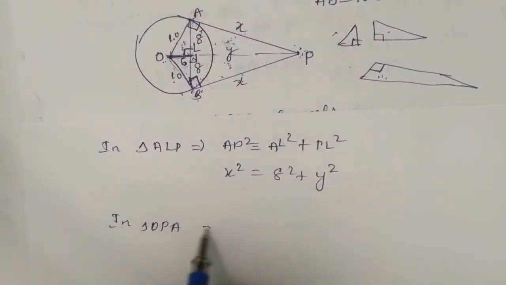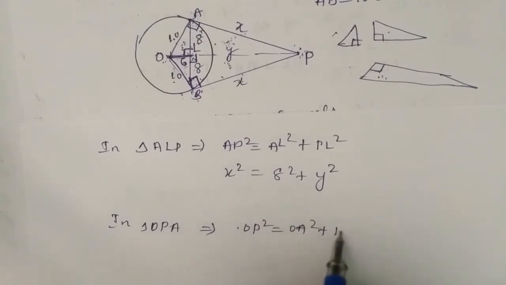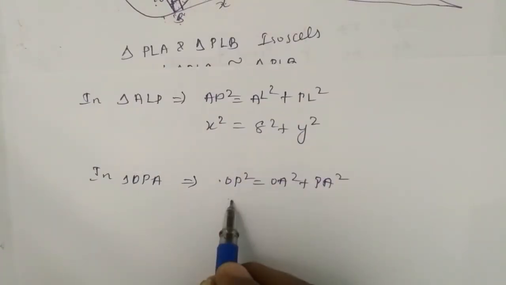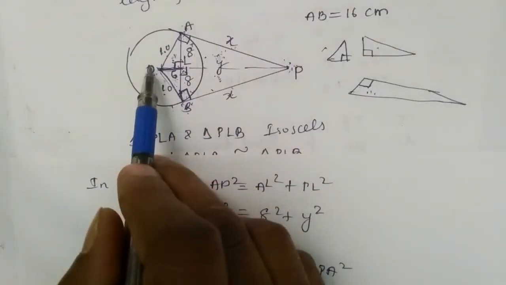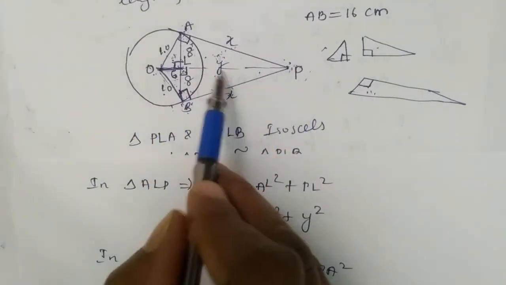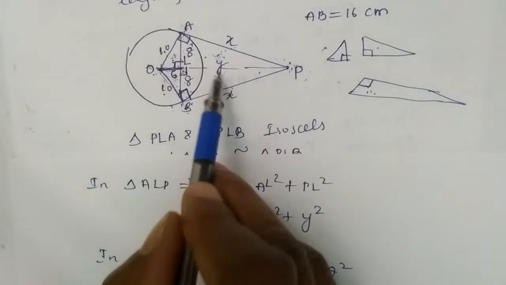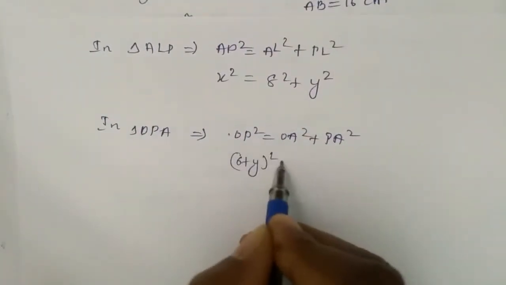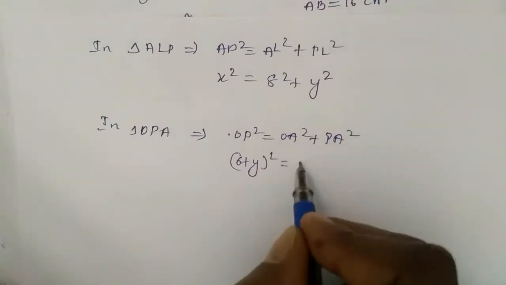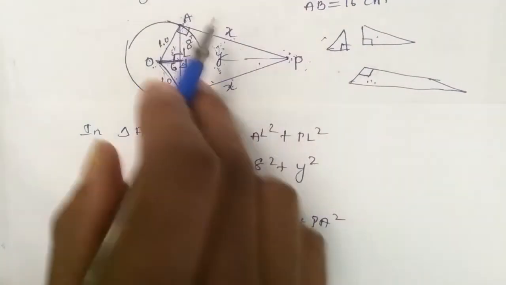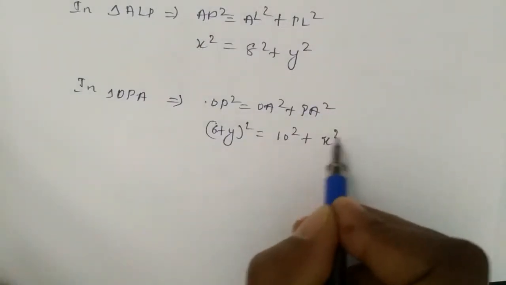In triangle OPA, OP square is equal to OA square plus PA square. OP length is 6 plus y together. The whole length is unknown, so 6 plus y whole square. OA square is already given, 10 square. PA square is unknown, PA square is x square.